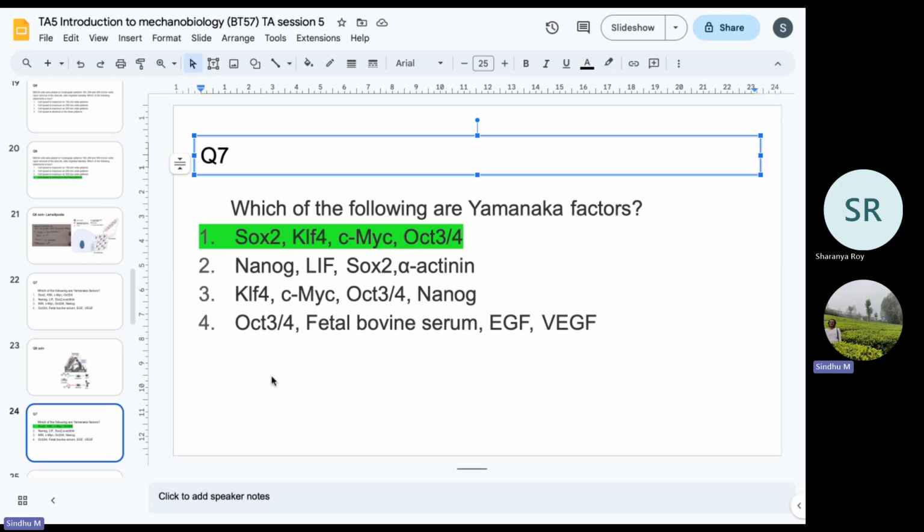FBS is fetal bovine serum. So these factors we add to cell culture routinely. It is not just added for stem cells. But option A, these factors are added specifically for stem cell differentiation. So the answer is option A.